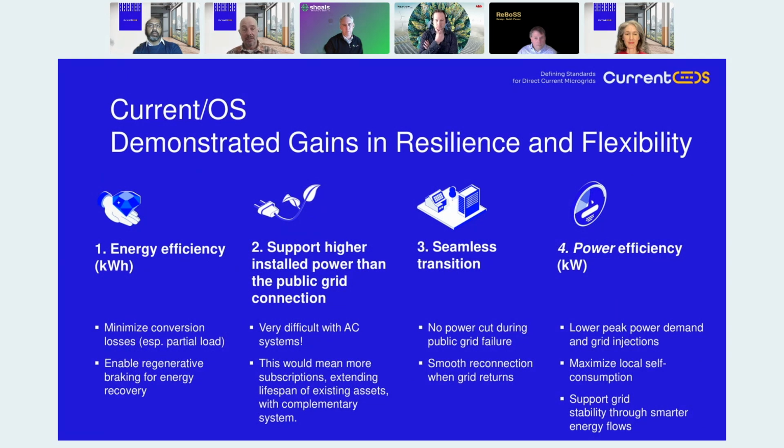In the AC microgrid world, you got to make a decision early on about open or closed transition, and that really drives complexity and costs. And then finally about power efficiency, which are problems that go away when you adopt the current OS way of thinking about DC coupled systems.